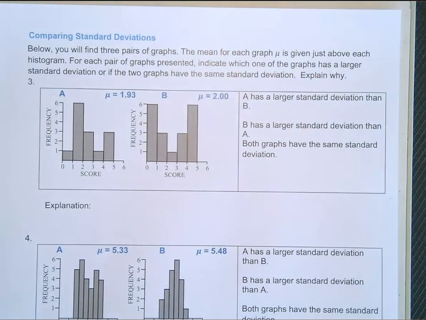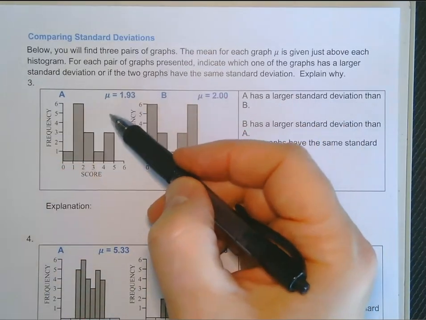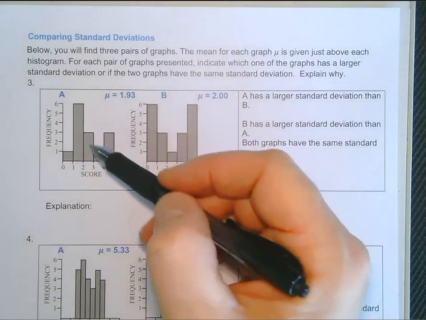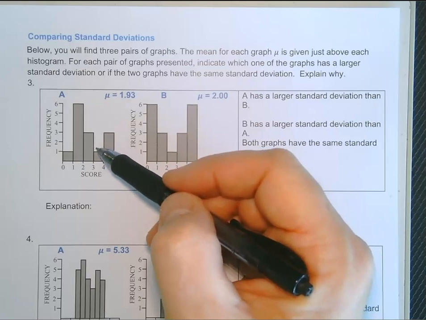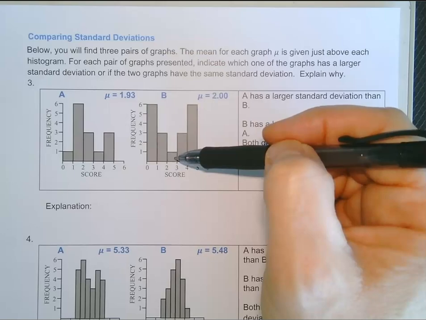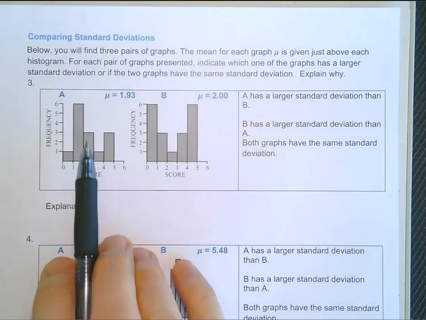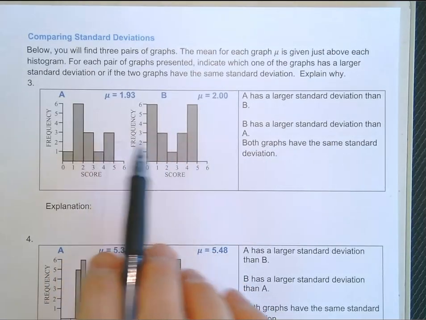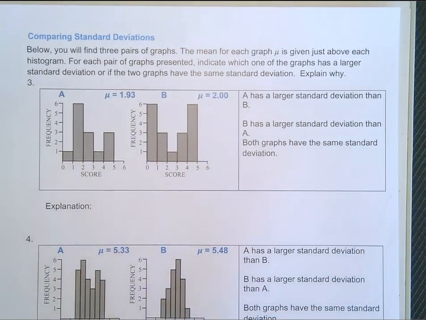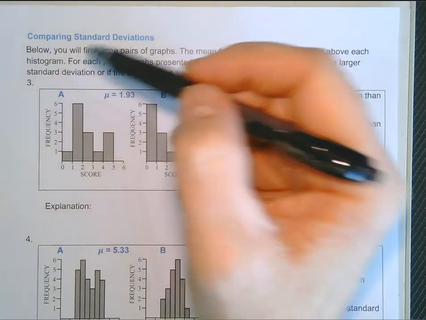So for this one here, we're looking at these two. The mean for this one is 1.93, and the mean for this one is 2. So which one do you think has a larger standard deviation? Now this is frequency, how often numbers occur, right?